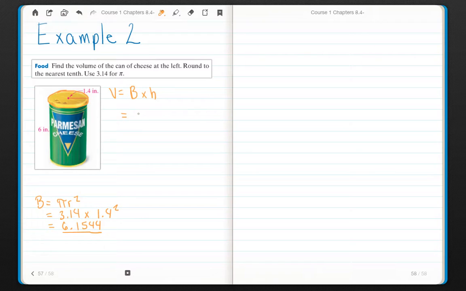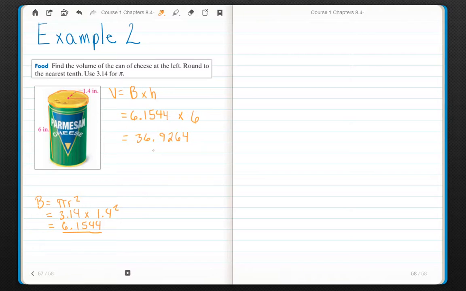So I'm going to take that number, I'm going to come up here to my volume, 6.1544 times my height, and my height is 6 inches. If I multiply those together, I get 36.9264.